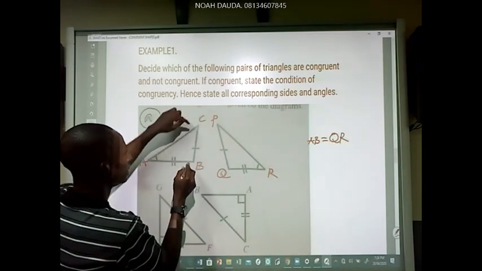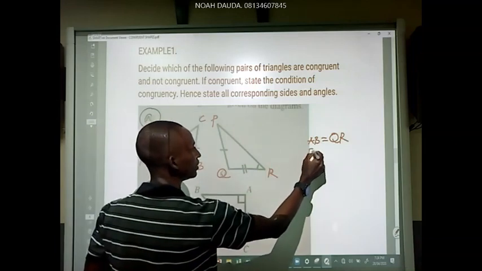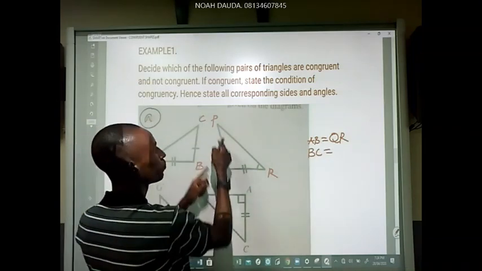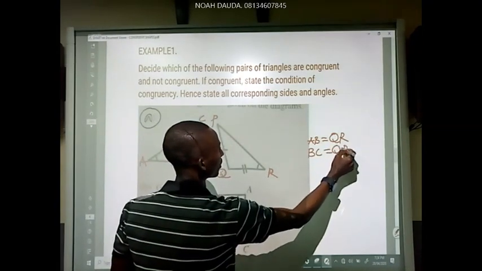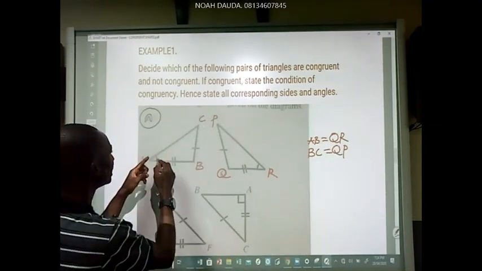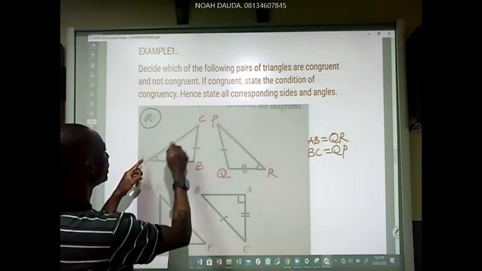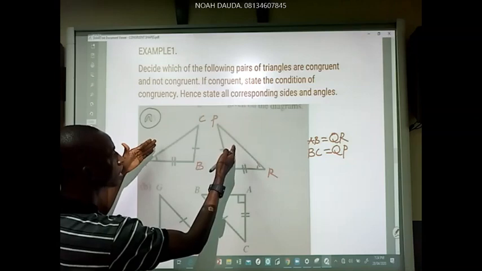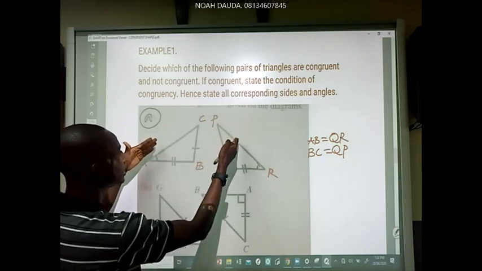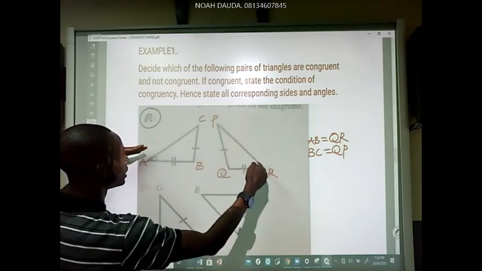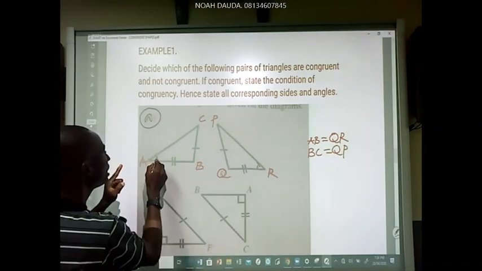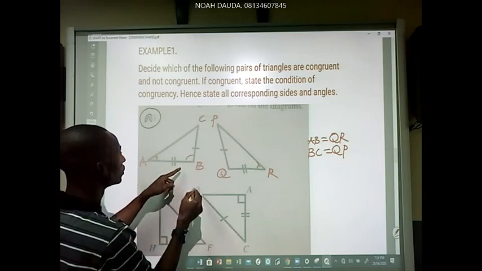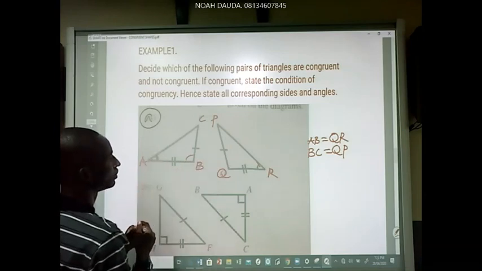Also the same way, your BC is equal to QP. Also, when we look at the third line, we have AC and PR. We cannot directly say that these lines are the same, because the angle is not in between this double line and this single line. Angle is not here, but rather here.